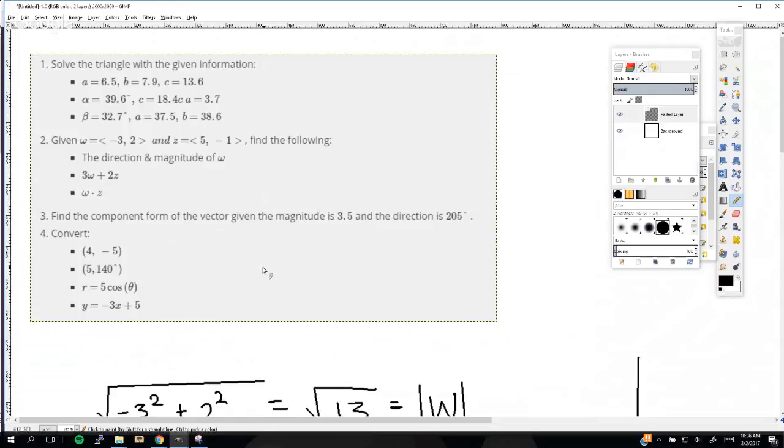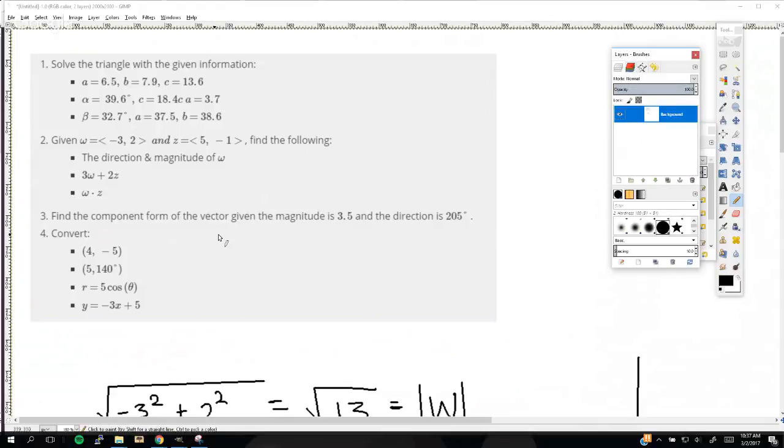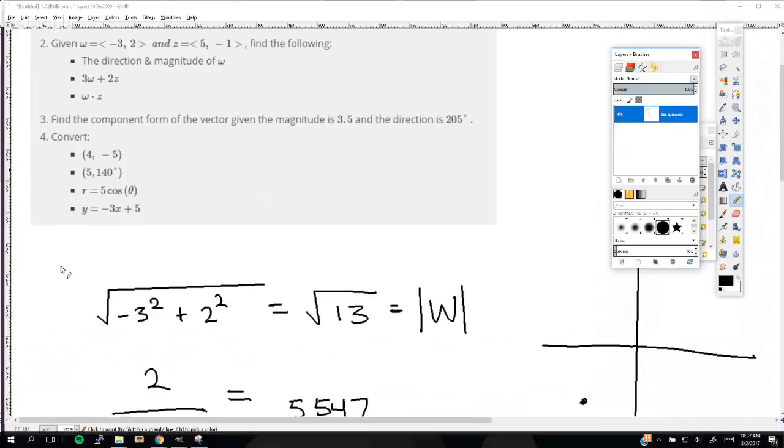The converting ones. Okay. These convert ones are kind of weird looking. Oh yeah. So these first two, you'll actually get a number answer, and then the other two, you'll get the equation. So for this one, we have to find the magnitude and direction.